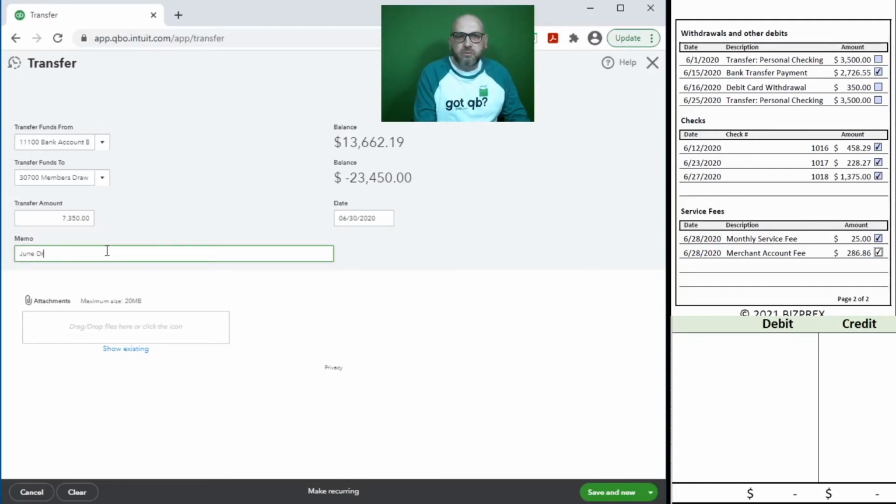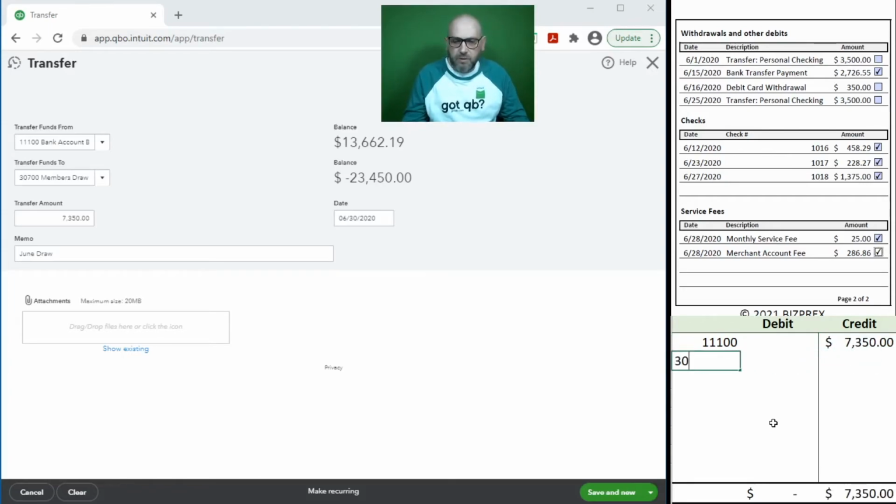That's our June draw. All right, so once we book it, what will happen? Well, we know that our bank account balance will be reduced, right? And it's reduced when it is credited. What else is happening? Our equity will be reduced, right? So members draw is an equity account.